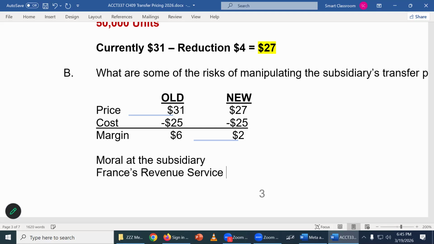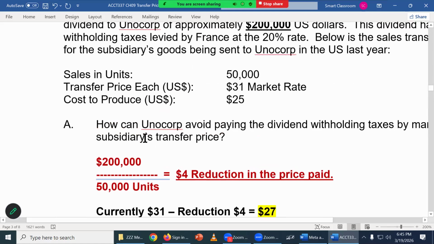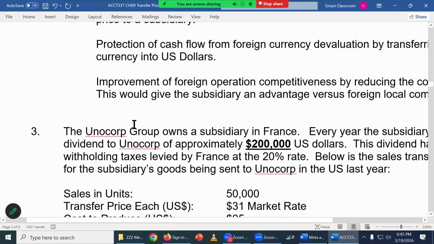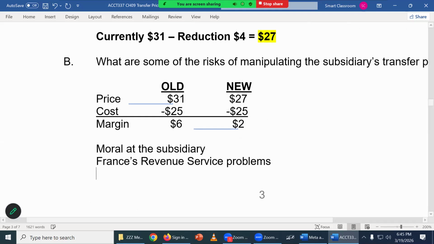Those are big problems. And you could also run out of room. And you could also be hit with tariffs or duties.